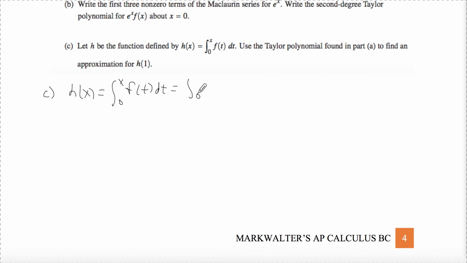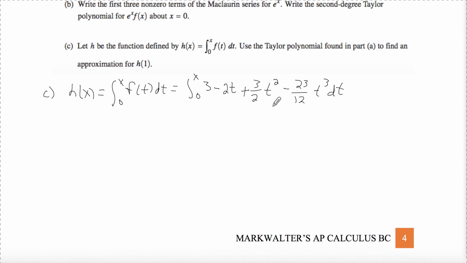This is the integral from 0 to x of what I wrote down for f of x, replacing things with t: 3 minus 2t plus 3 halves t squared minus 23 twelfths t cubed dt. Notice I haven't even read the problem, I'm just rewriting what they're already telling me.